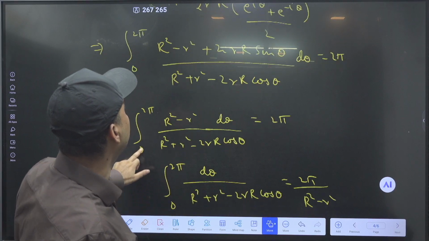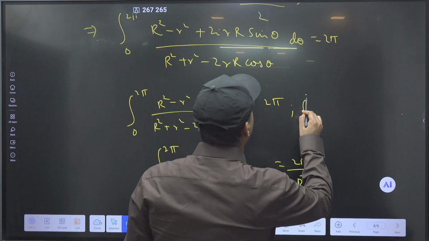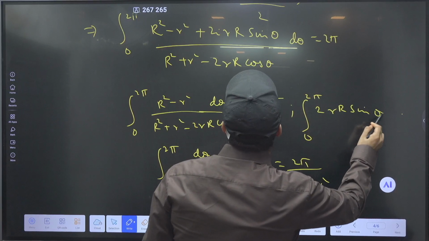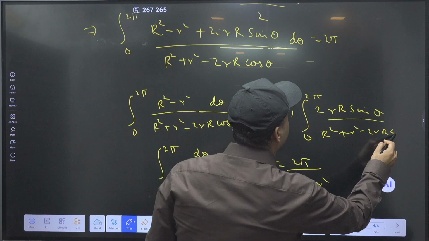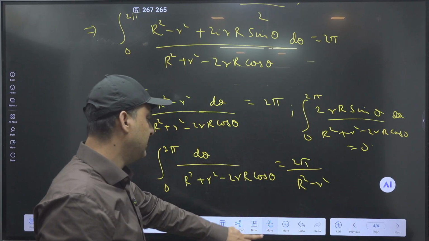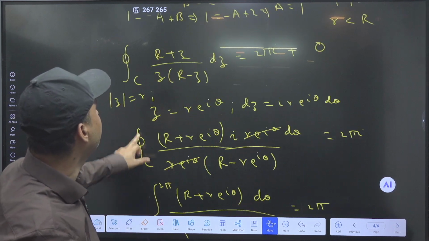What is the imaginary part? So I can write this imaginary part as integral from 0 to 2π of 2rR sine theta upon R² + r² − 2Rr cos θ dθ is equal to 0. Yes, and this is what I am supposed to deduce.